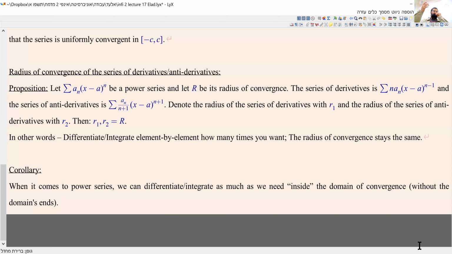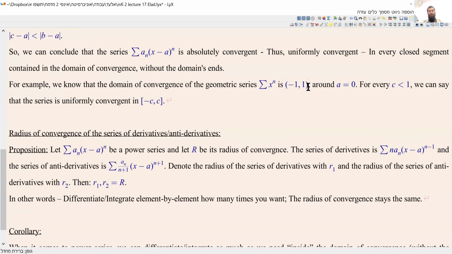That's because the series is uniformly convergent in every closed segment. Let's say the geometric series has radius 1, which means the domain of convergence is between -1 and 1, maybe with the ends, maybe without them. So in every closed segment inside, for example minus half to half, the series is going to be uniformly convergent.